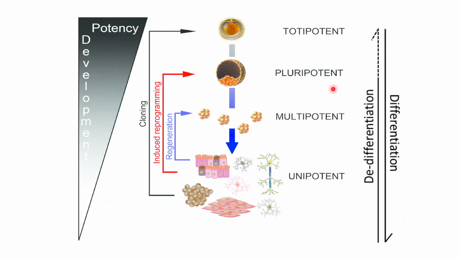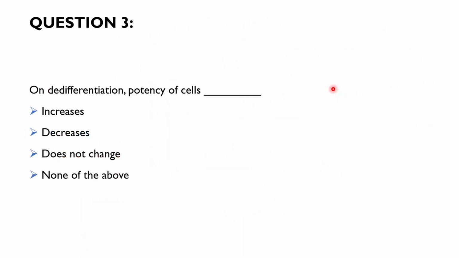Nowadays, induced pluripotent stem cells find applications like organ regeneration or tissue repair. However, we need to conduct more research before its true potential is realized. So now we will move on to the question that we were discussing.